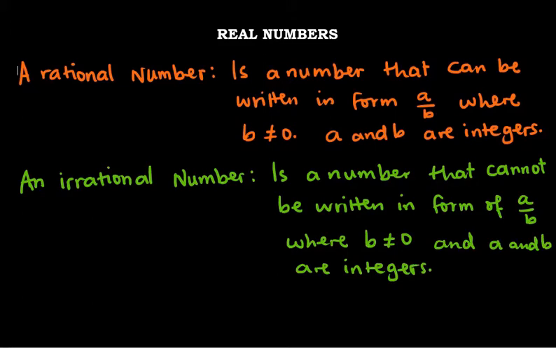So you have A, you have B, and B is not equal to 0, but both of them are integers. But surprisingly, this number will not be able to be written as a fraction. So that is a number that we call an irrational number. But both rational and irrational numbers are real numbers.